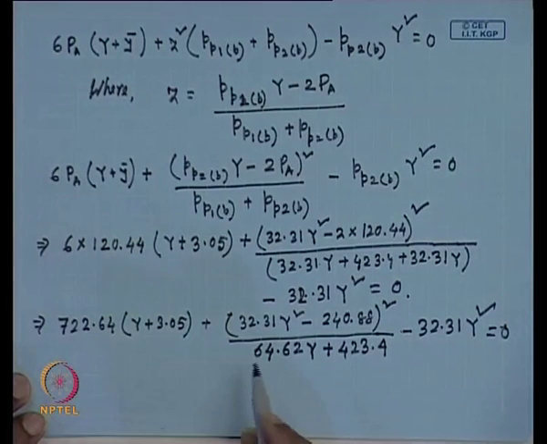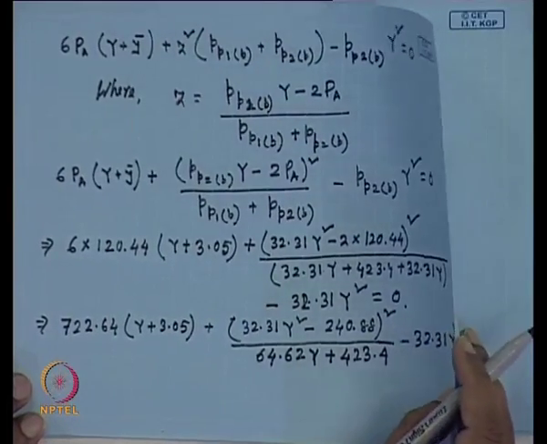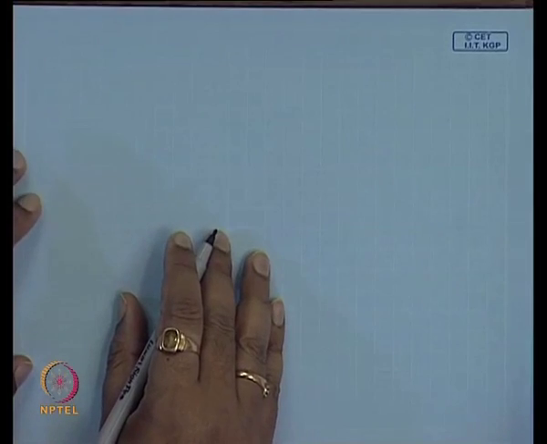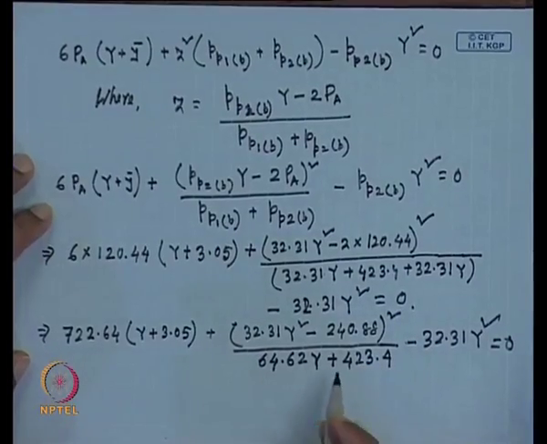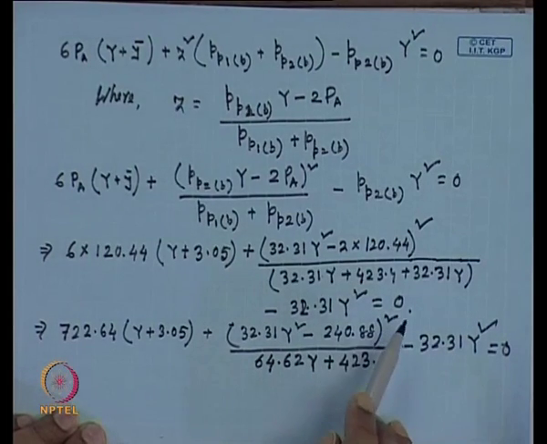Now if we further simplify this expression, we can see that this term is 72.64 Y. So, this will be Y to the power 4.